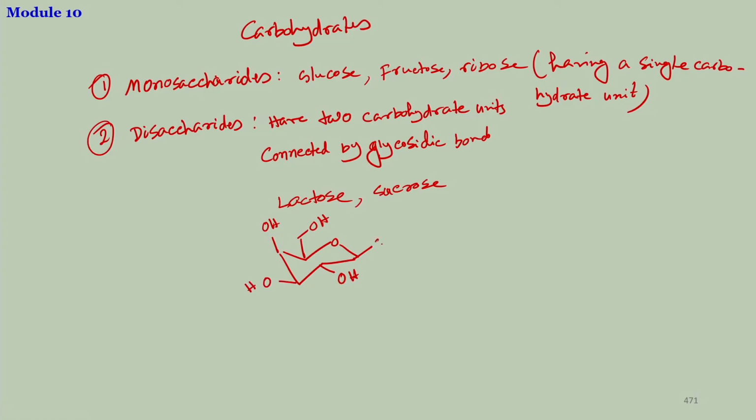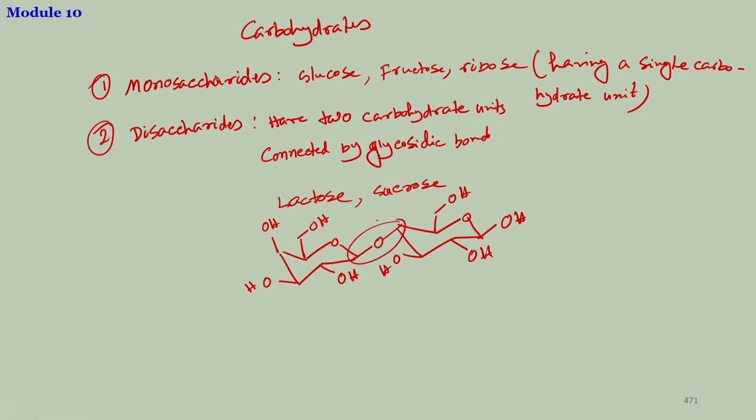Now, this is the glycosidic bond O, and there is another one that can be developed from here. Here is your hydroxyl group, this is OH, OH and beta OH.